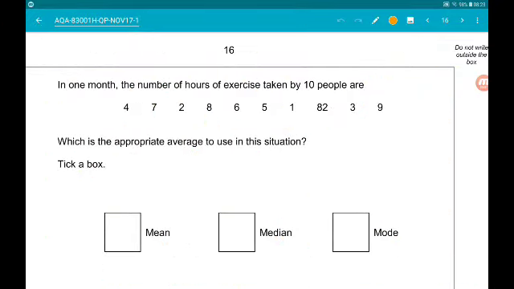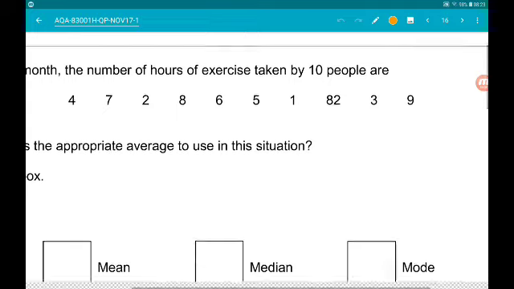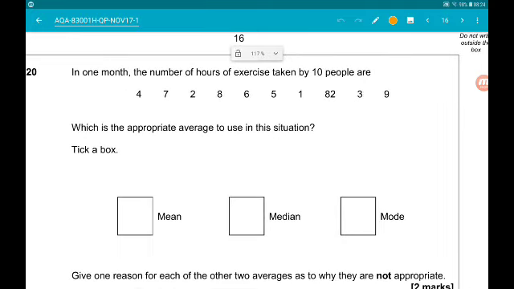Okay, next up, in 1 month, the number of hours of exercise taken by 10 people are, so we got 4, 7, 2, 8, 6, 5, 1, 8, 2, 3, and 9. We are asked which is the appropriate average to use with this situation.